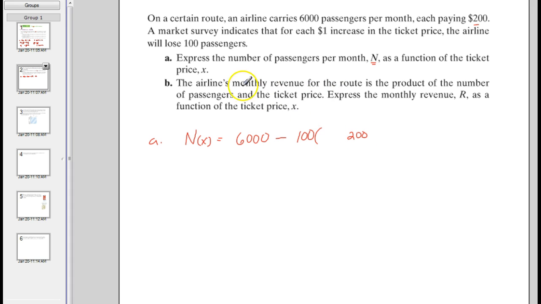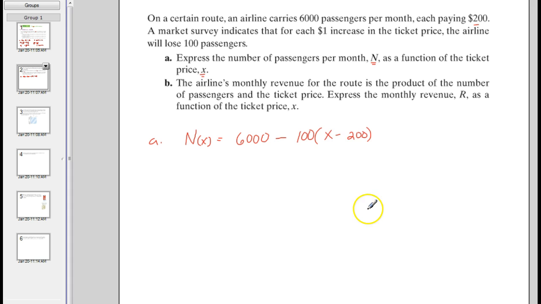So if X is the ticket price, then X minus 200 is the increase in the ticket price. So for instance, if this is 210, 210 minus 200 is $10 is the increase, and for each dollar increase we're going to lose 100 passengers.